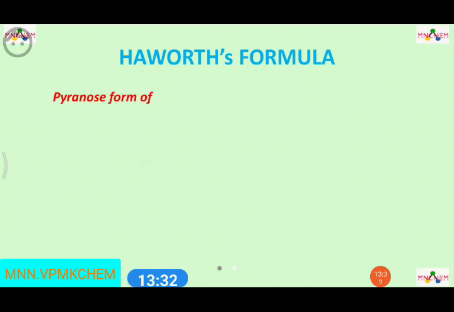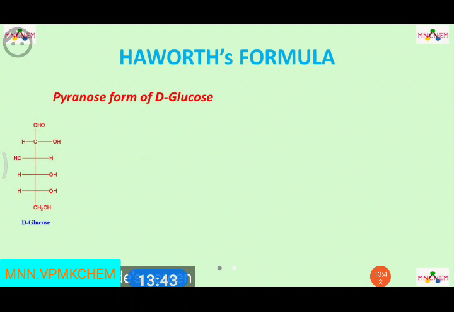Now let's discuss the six-membered oxide ring form of D-glucose, that is the pyranose form of D-glucose. This is the Fischer projection for D-glucose. In the first step, the carbon skeleton is drawn in such a way that it looks like a six-membered ring.